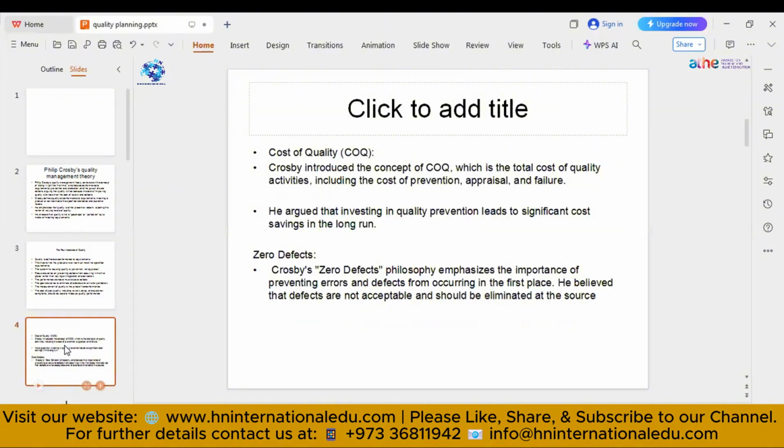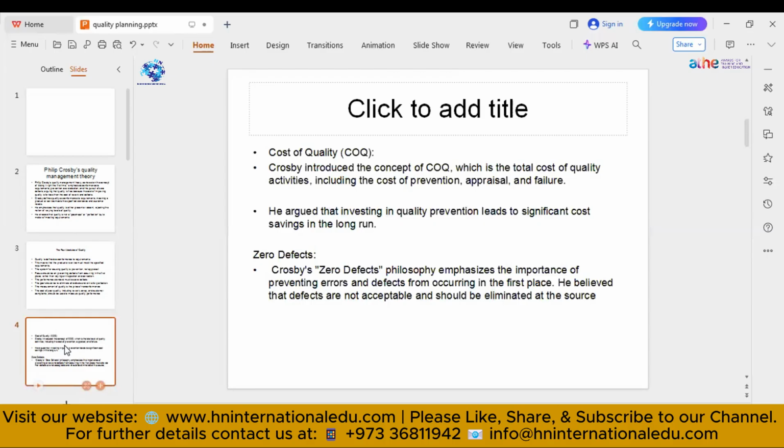Cost of quality. Crosby introduced the concept of cost of quality, which is the total cost of quality activities, including the cost of prevention, appraisal, and failure. Now, the cost of prevention here means the cost of preventing mistakes, for example if it doesn't meet the standards.